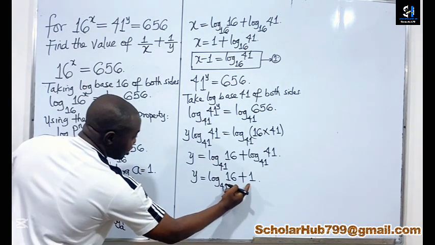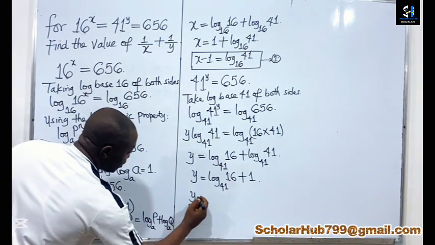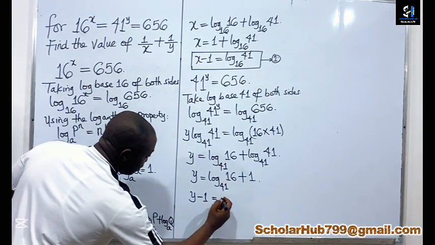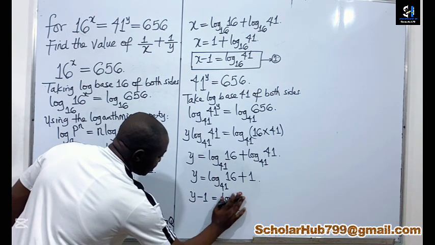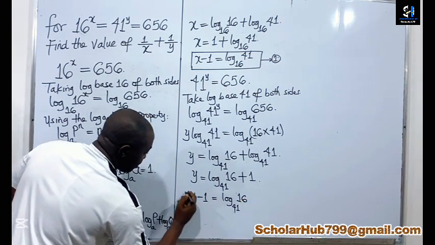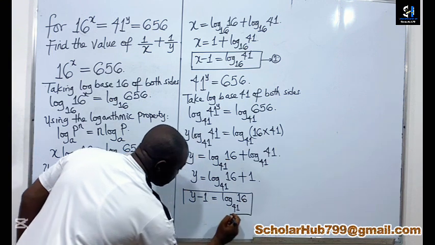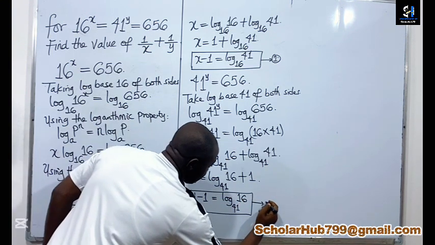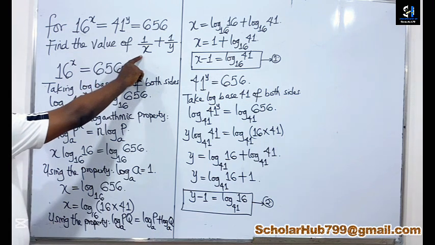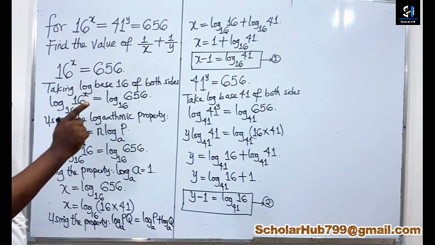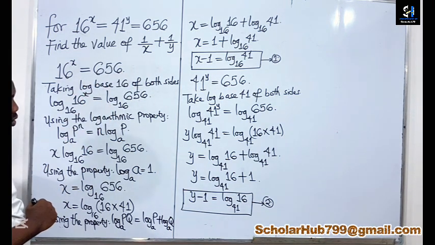I'm going to move this to the left hand side, so y minus 1 equals log base 41 of 16. And this is the second equation. Let's not forget that we want to find the value of 1 over x plus 1 over y.